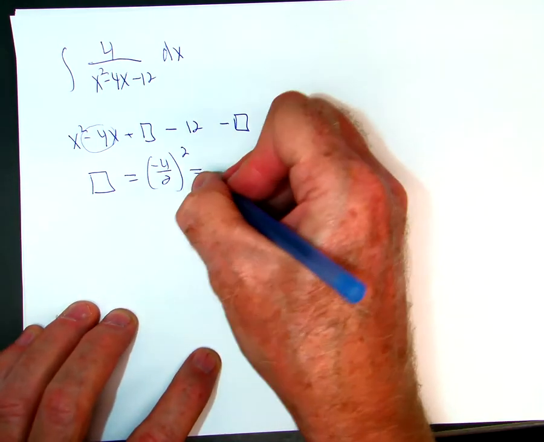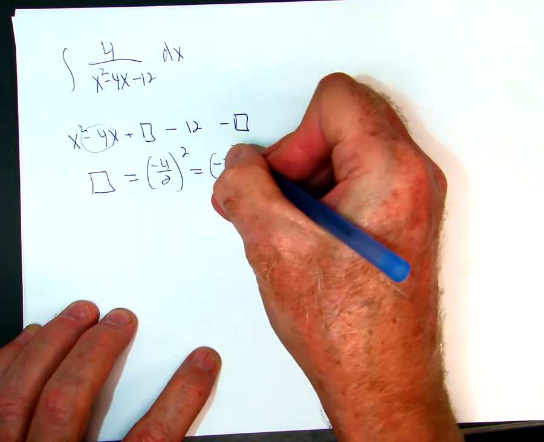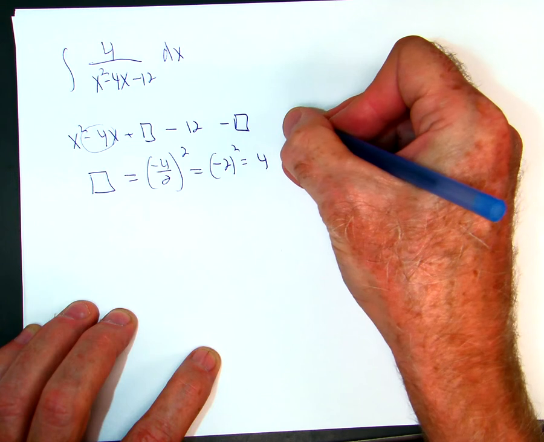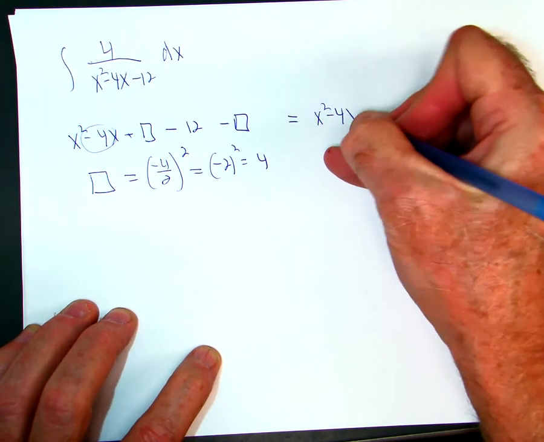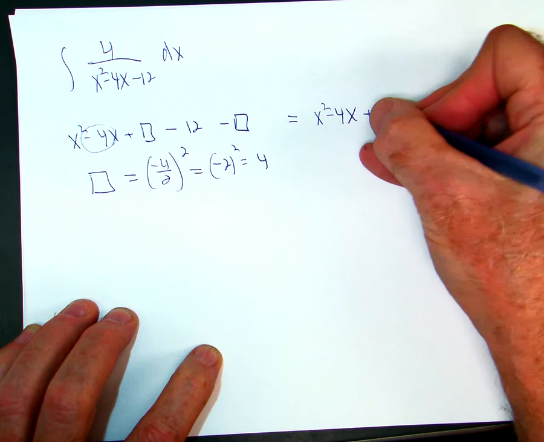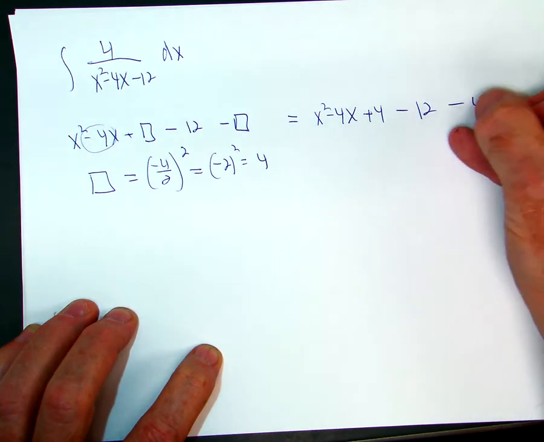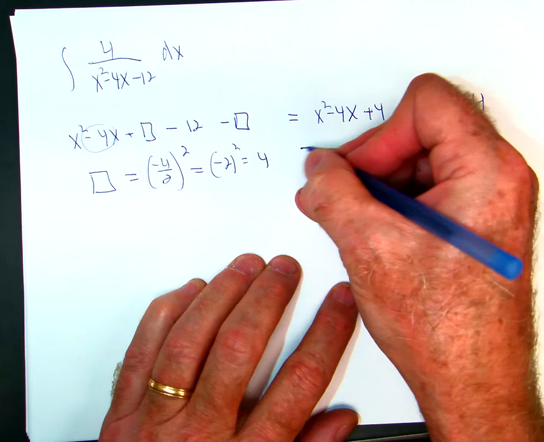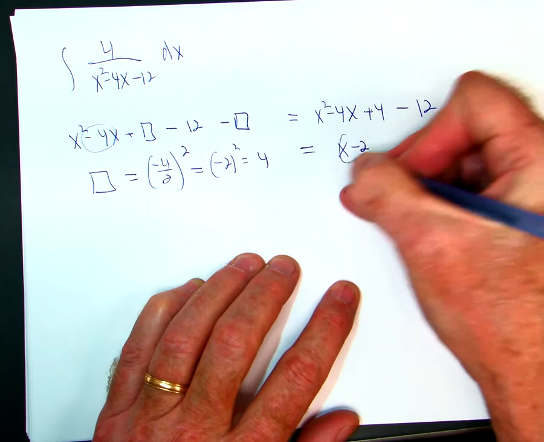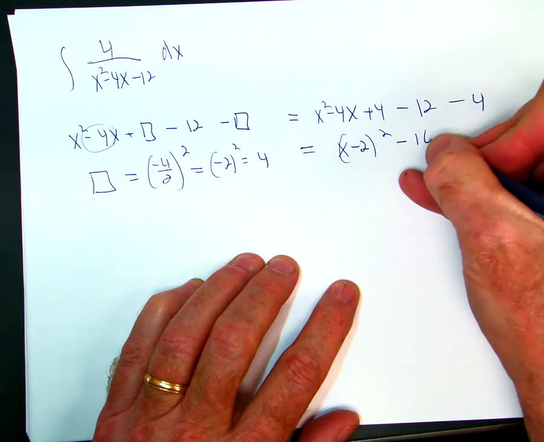So that's going to be equal to minus 2 squared, which is 4. So what I'm saying is that when I complete the square, I get x squared minus 4x plus 4 minus 12 minus 4, which is equal to x minus 2 squared minus 16.